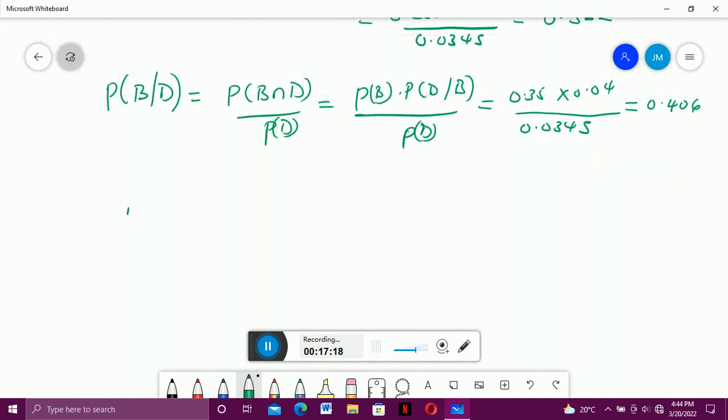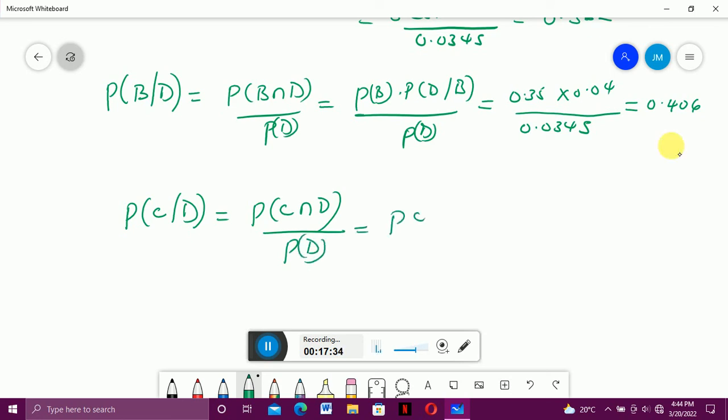Okay, so we go to the last bit. The probability that a bolt is from C, given that it's already defective, is P(C and D) over P(D), which is P(C) times P(D given C) over P(D). The probability of getting a bolt from C is 0.4.